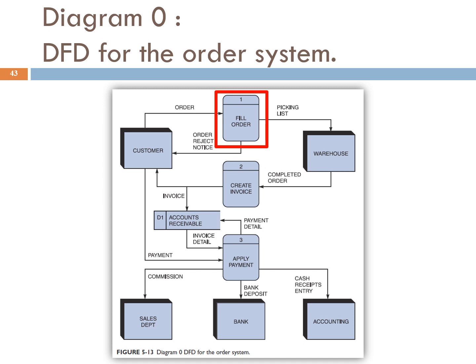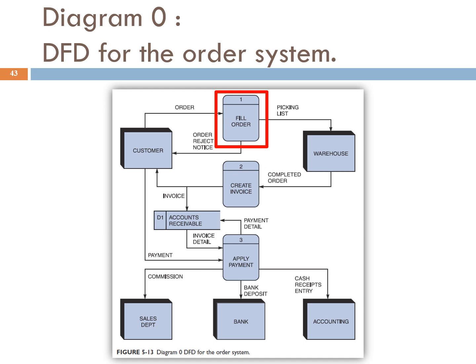We know this is diagram 0 because the numbers in the processes are single numbers with no decimals: 1, 2, and 3. So you know this is an explosion from process 0.